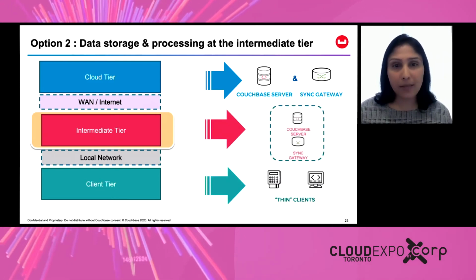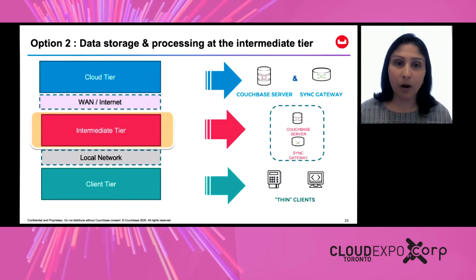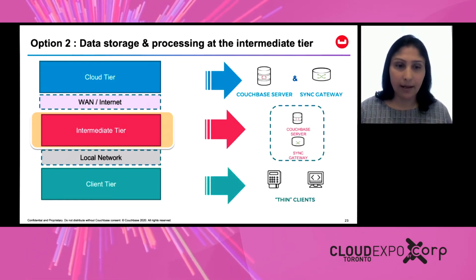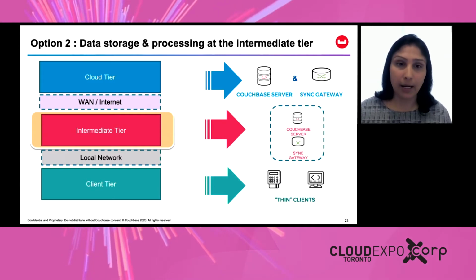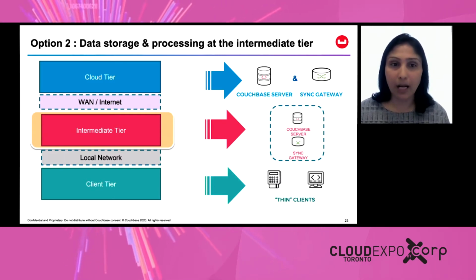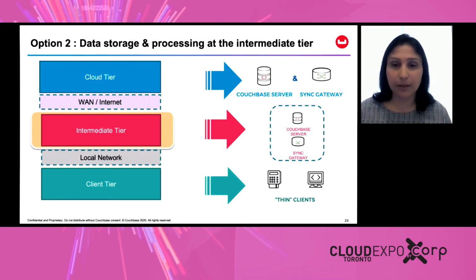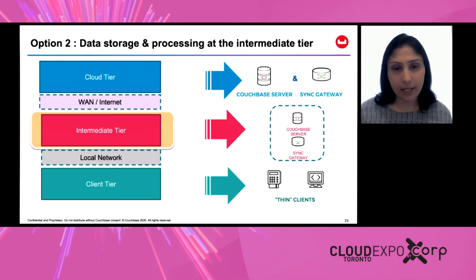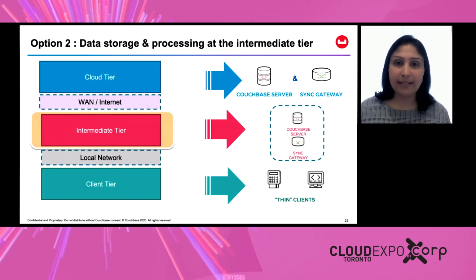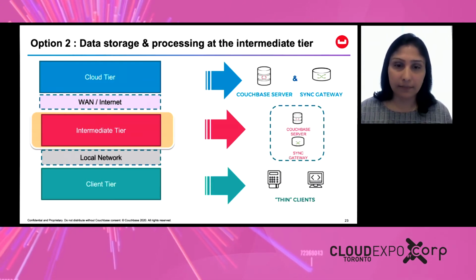You can deploy Couchbase Server and Sync Gateway in your edge data center. As I mentioned, the Couchbase platform, you've got the flexibility in terms of where it's deployed. It can be on cloud, on-prem, in a public cloud, etc. So you will deploy a small form factor Couchbase Server Sync Gateway on your local hub and have it sync to the remote cloud service.